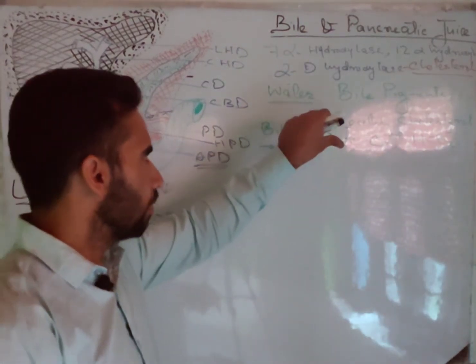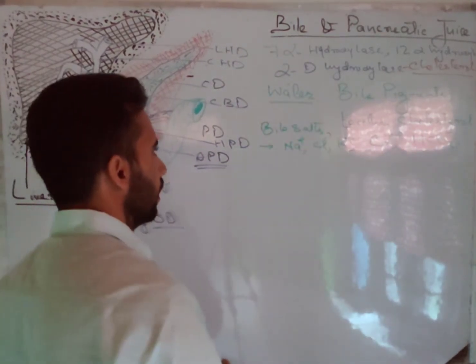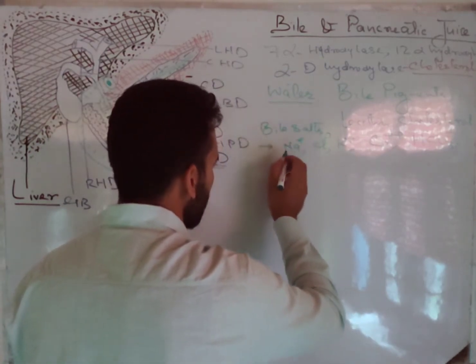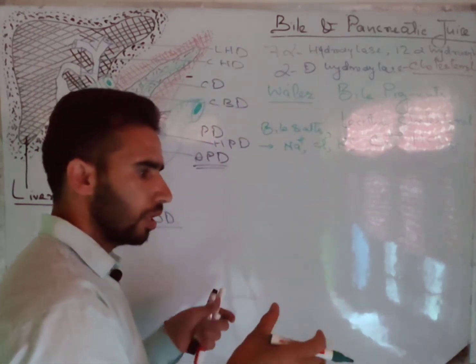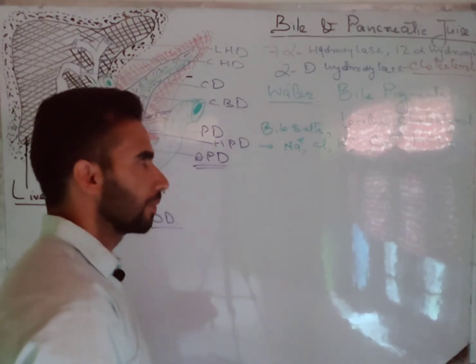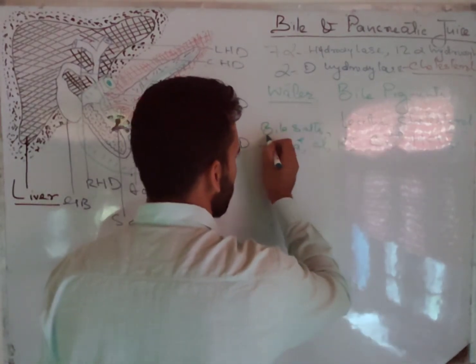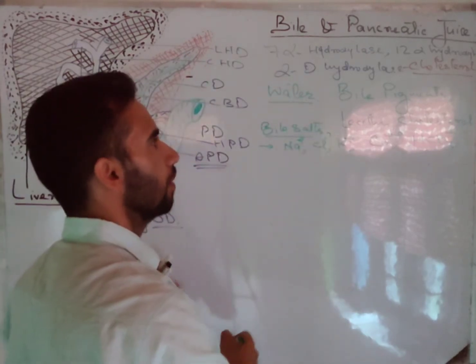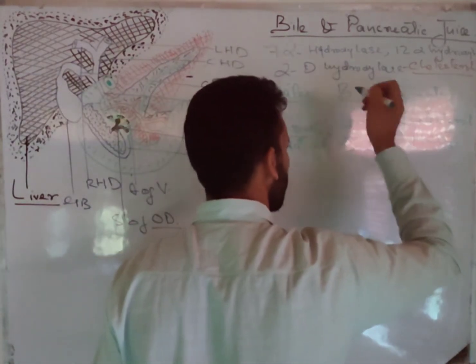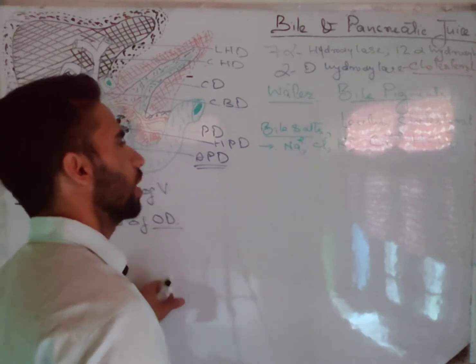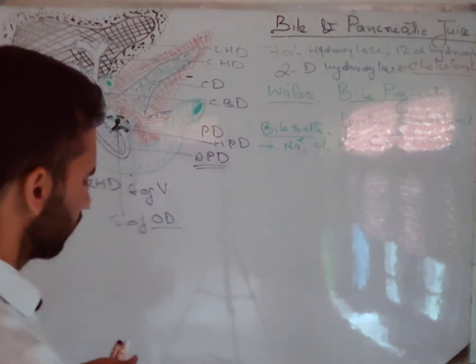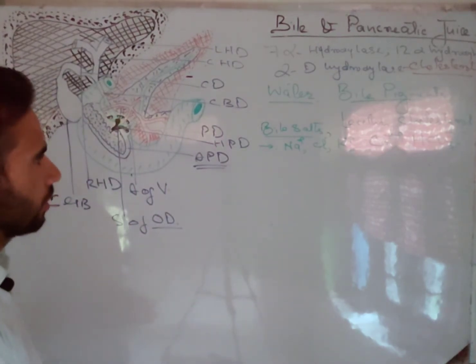So far as the composition of the bile is concerned, the main thing which plays an important role in the digestion of especially the fats is these bile salts. And after that, we also have bile pigments, which have their own importance for imparting color to some of our structures, some of our substances.